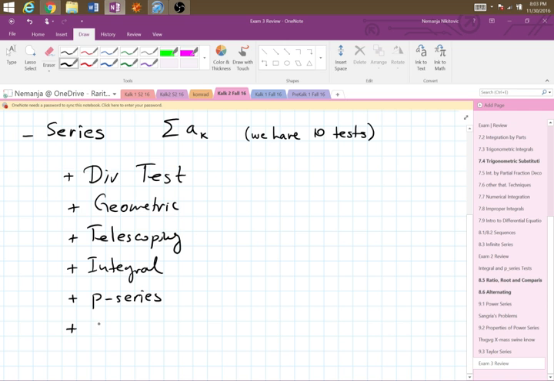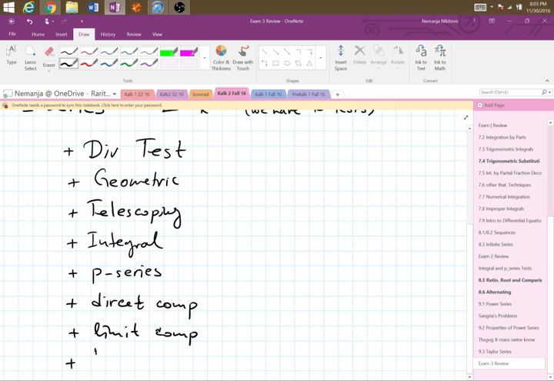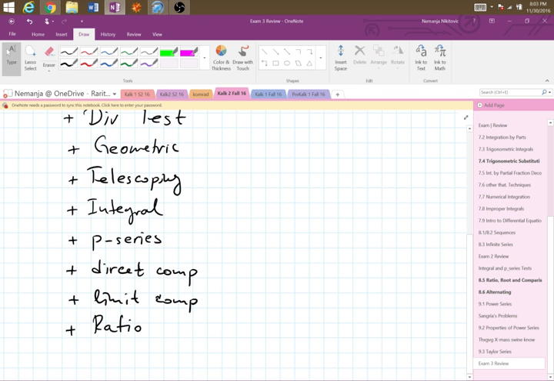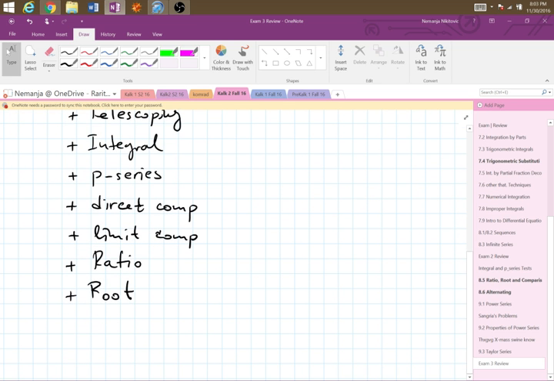Then we have two comparisons, direct comparison, and then we have the limit comparison, the one that is used most of the time. We have ratio, root. And we have alternating.